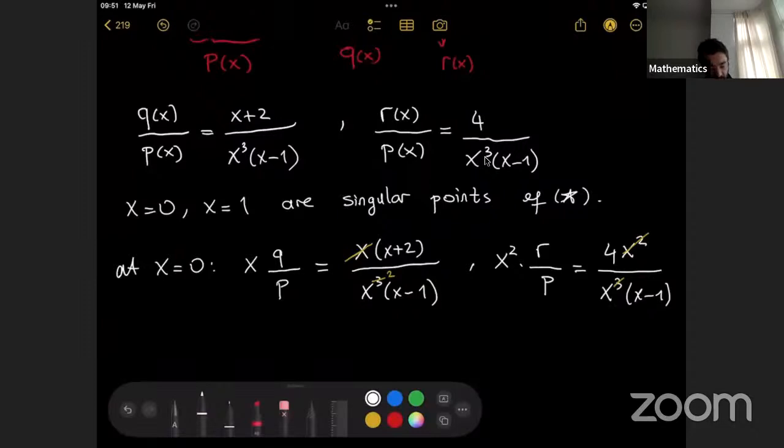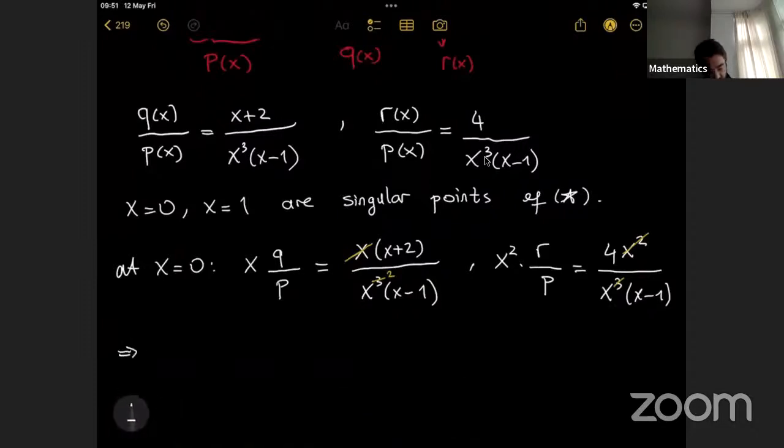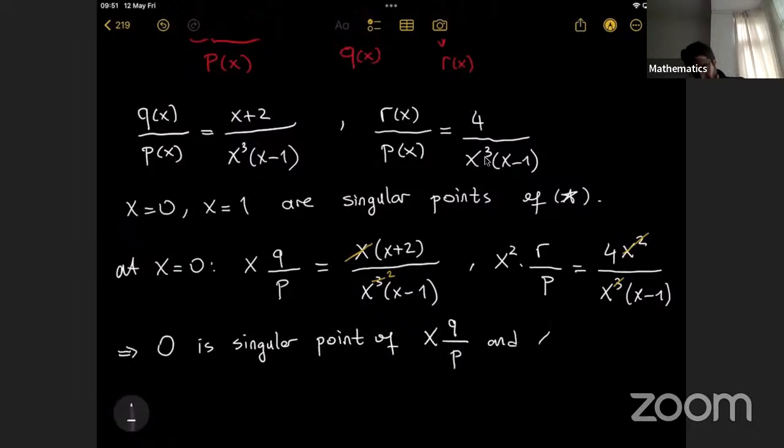So this tells you that 0 is a singular point of x times q over p and x squared times r over p. One of them is enough to say that it is not a regular singular point.